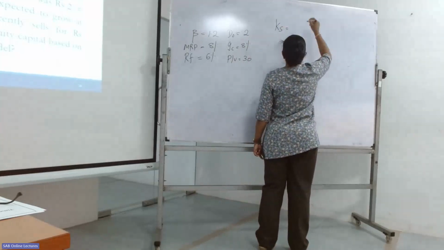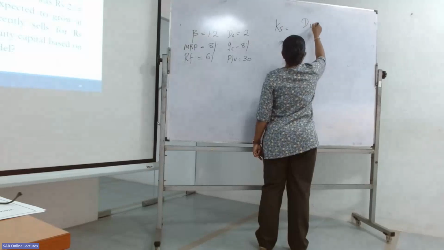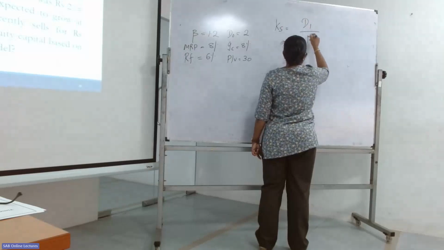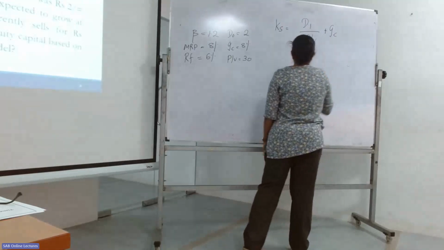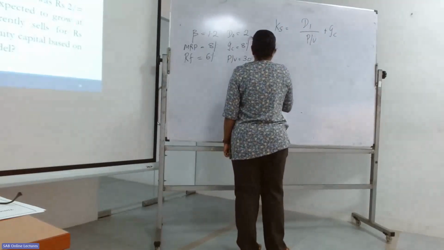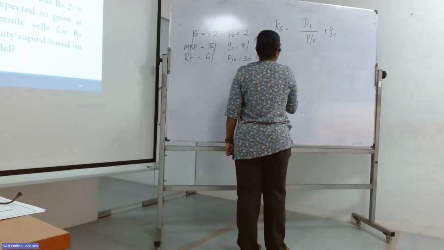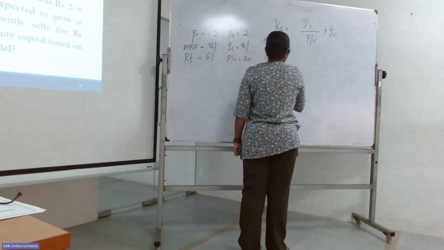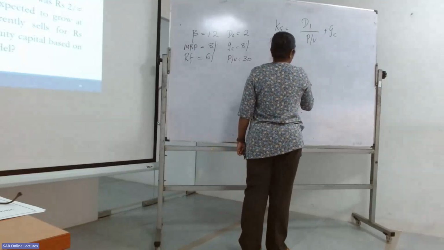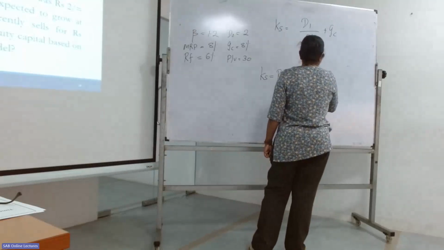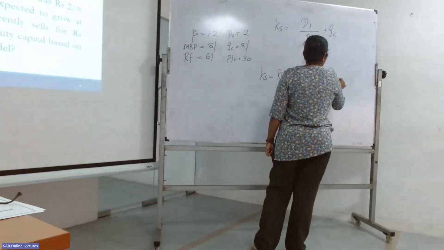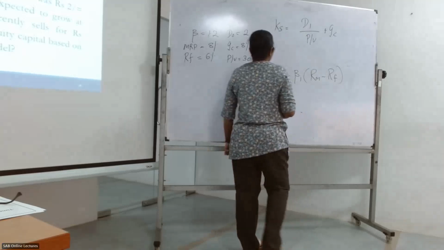According to the dividend growth model, cost of equity is equal to next period dividend divided by price plus the constant growth rate. According to CAPM, cost of equity is equal to risk-free rate of return plus beta coefficient into market return minus risk-free rate of return.